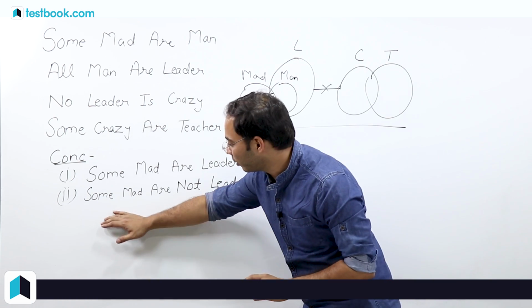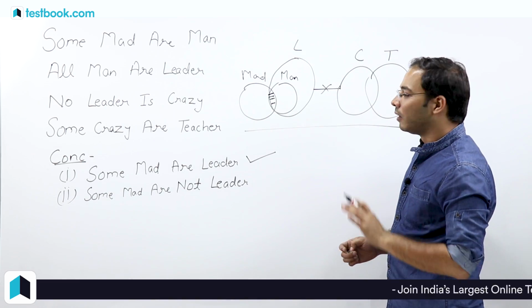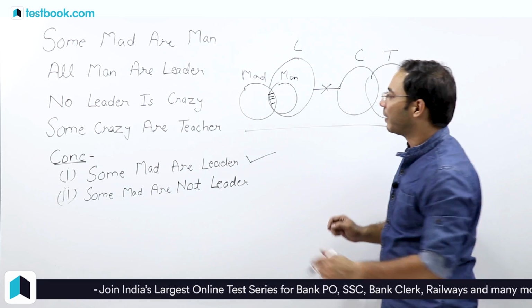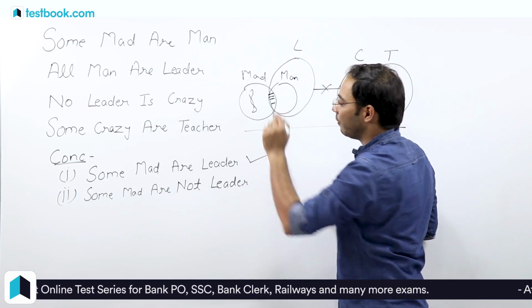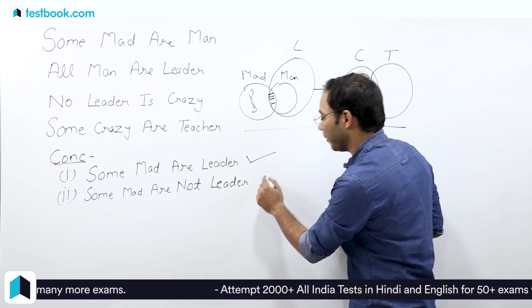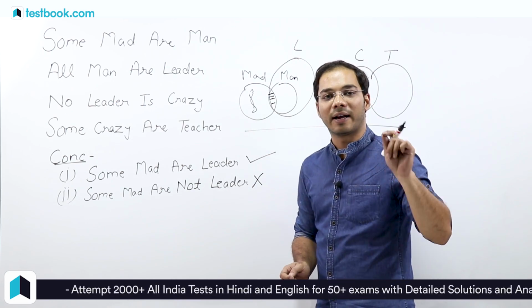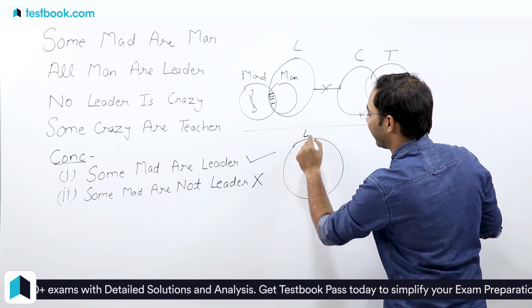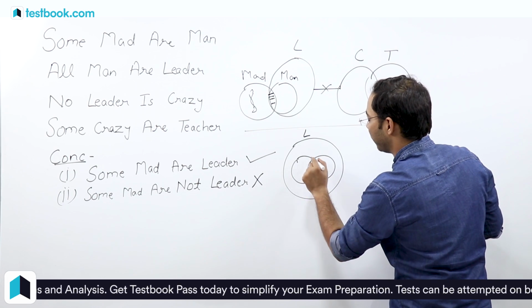Now let's talk about second conclusion, some mad are not leader. Now if we know that some mad are definitely leader, but we don't know about this part whether these will also be leader or not, this will be wrong. If we try to make another Venn diagram for it, like in the leader diagram we put mad and man.